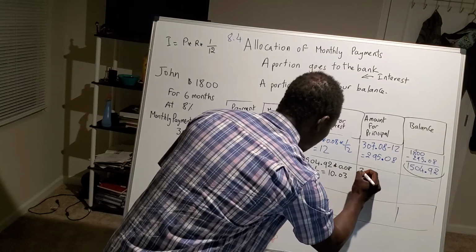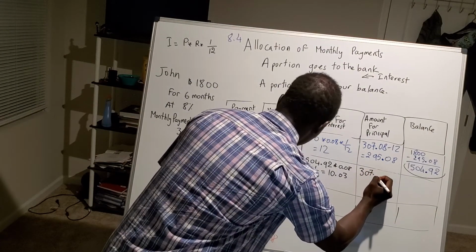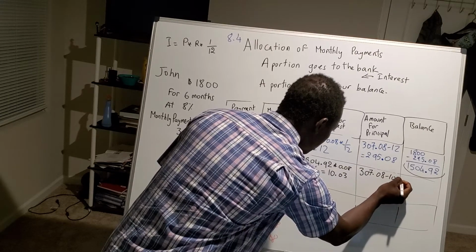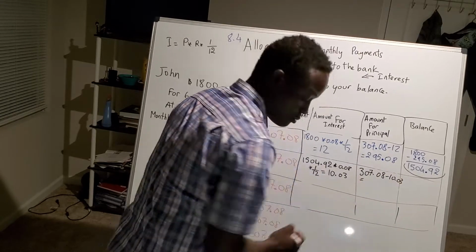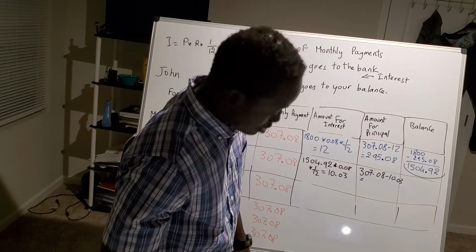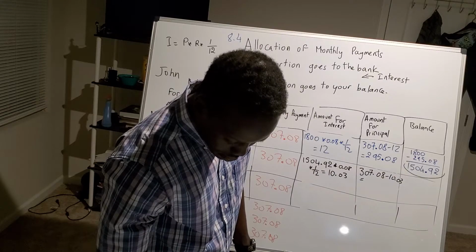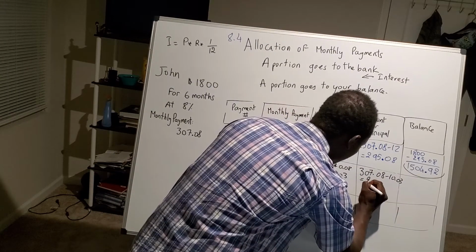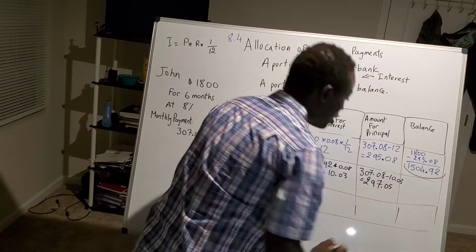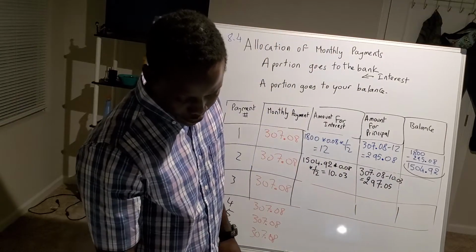So 307.08 minus $10.03. What is that going to give me? It's going to give me 297.05.